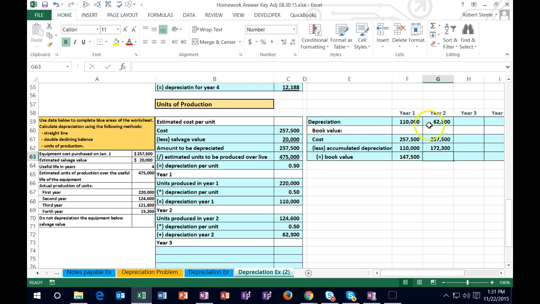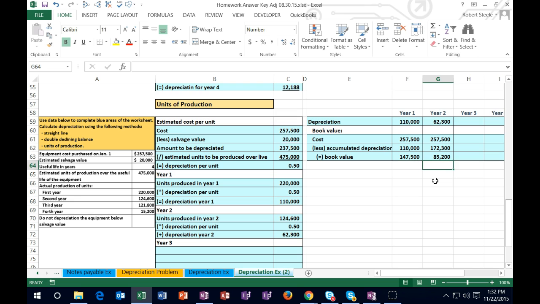We can also think of it as all the depreciation expense over the life, which of course is the same number, 172.3. Then we're going to calculate the book value by saying this equals the cost, 257.5, minus the accumulated depreciation, 172.3, and enter: book value 85.2, which of course has gone down from the prior year because it has depreciated in value.